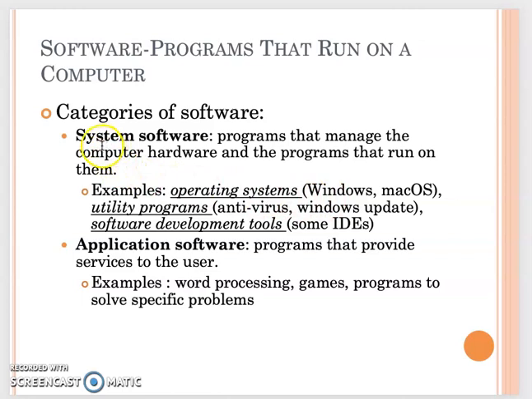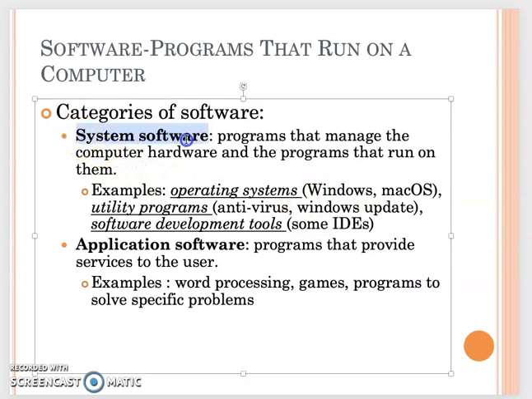To put it simply, if we categorize software, you have system software and application software. The system software is basically our operating system. Mostly we see examples like Windows or Mac OS, or even Google has one. Or utility programs, for example your Windows Update and your antivirus.